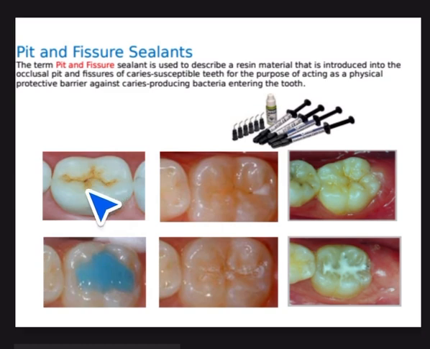So these bacteria, which were causing caries, are eliminated. And no new bacteria can enter the pits and fissures. These are called pit and fissure sealants. We do not make a cavity. We clean the area, we etch the area, and we seal the area using pit and fissure sealants. Minimal intervention dentistry.